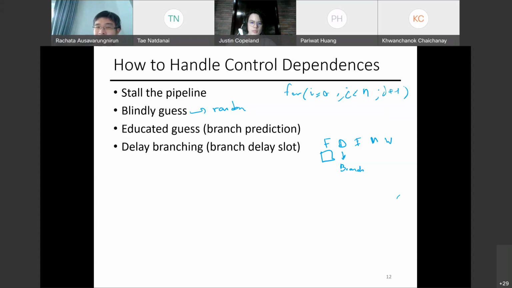Delay branching is basically, instead of fetching the next instruction, I will find something in the future that I'm 100% sure I will have to run. Anyone want to take a guess on who is responsible for finding this instruction?